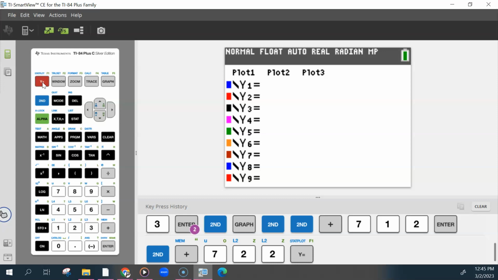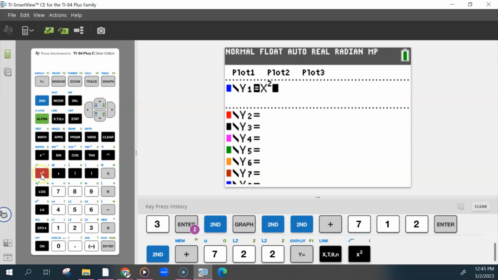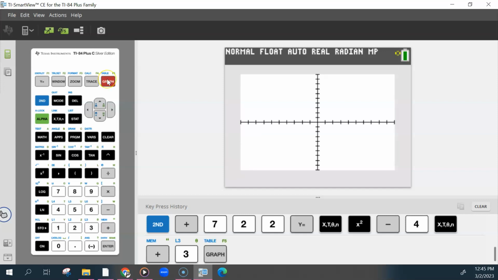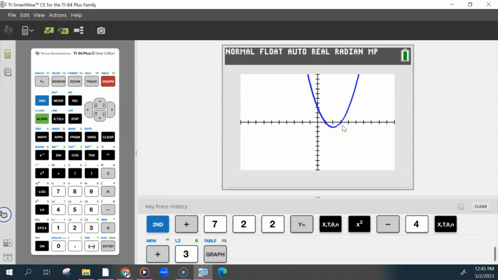X squared minus 4x plus 3. Okay, and then what? And then you can see that it goes through those points. And then also, okay.